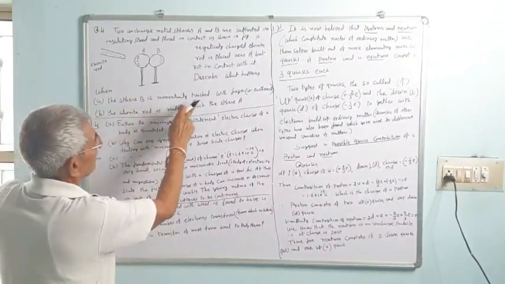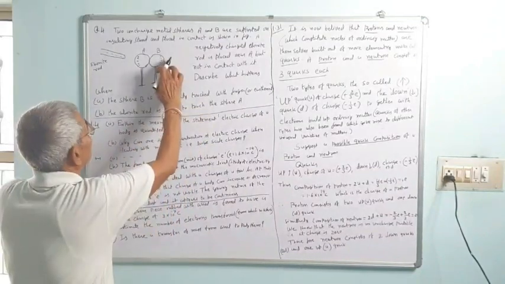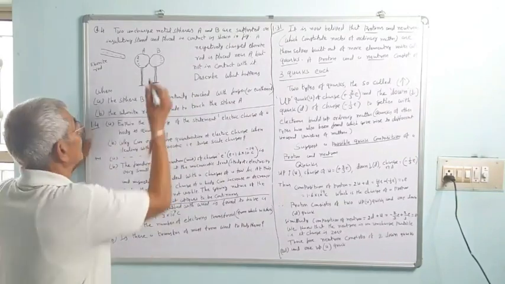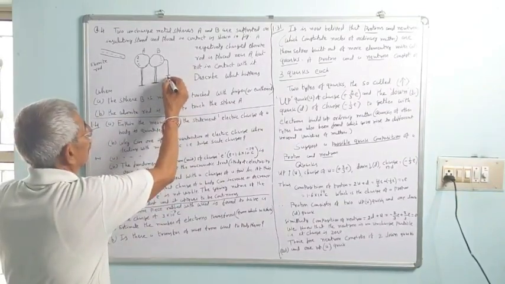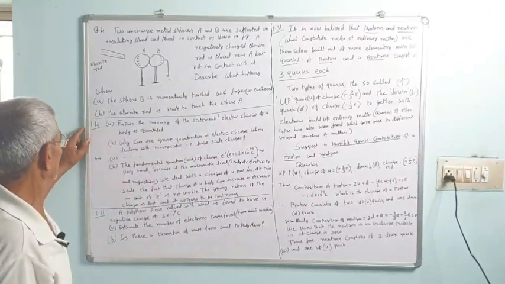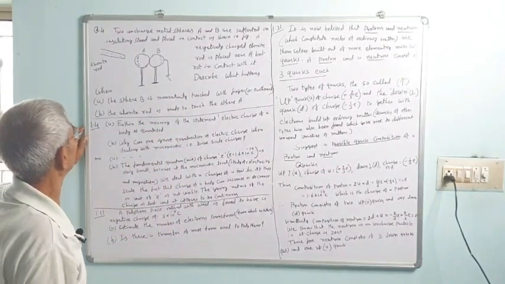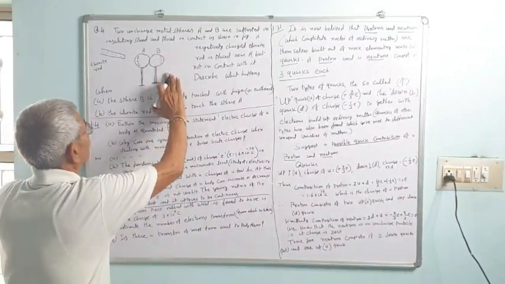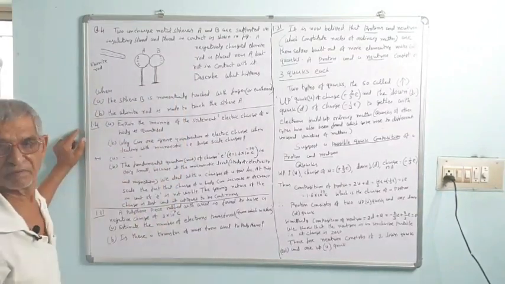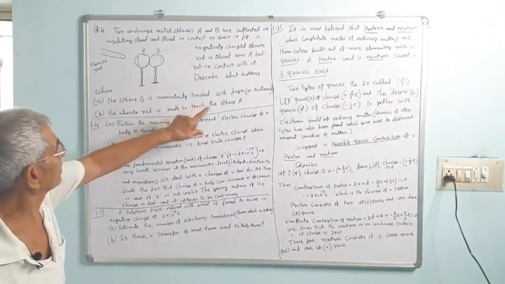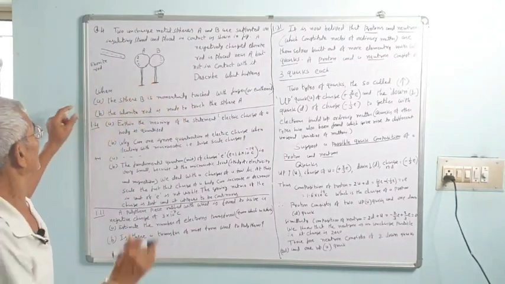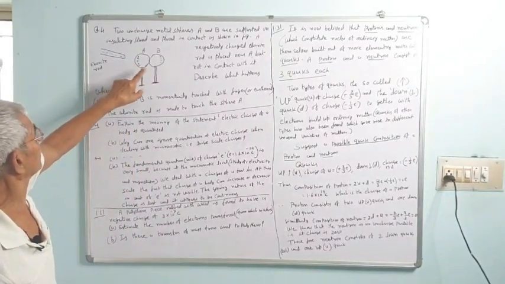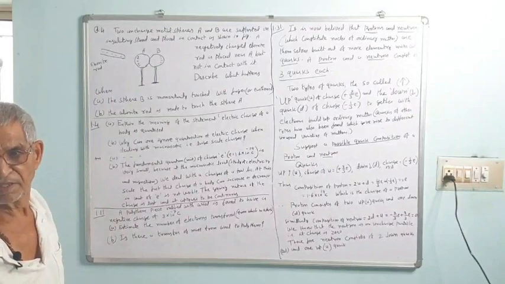Now the sphere B is momentarily touched with the finger. If you touch, the electrons will flow from your body to the earth, or you may do earthing. Now if you remove the earthing, the momentary touch, what will happen? The left side of sphere A will be charged positively and the right side of sphere B will be charged negatively.